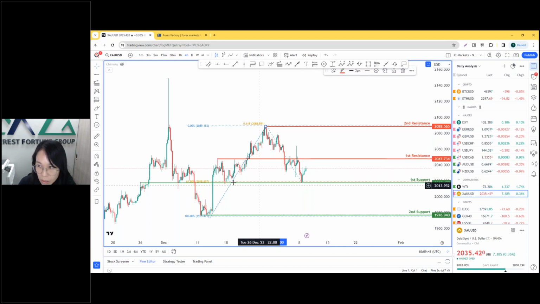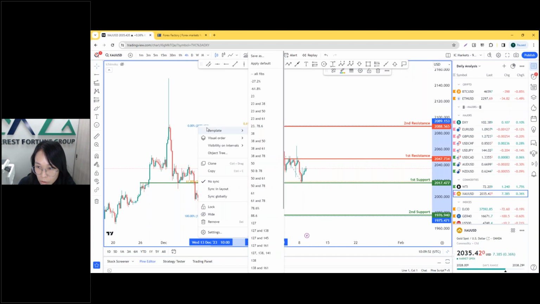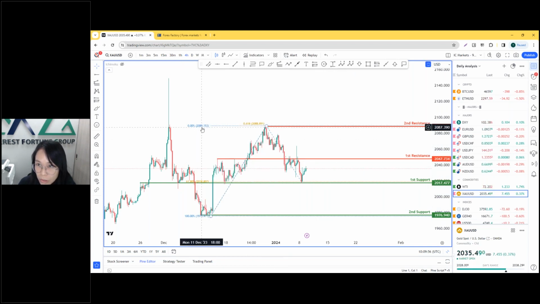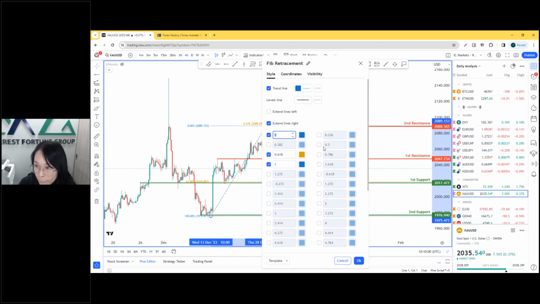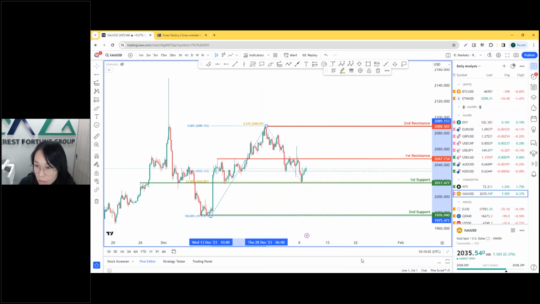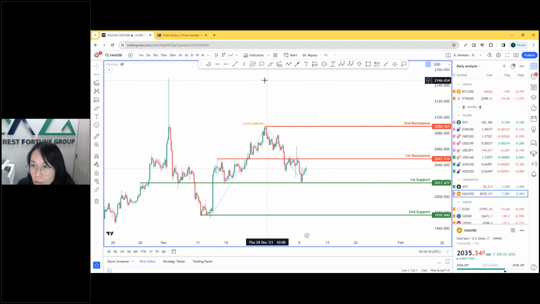Okay, there's actually a first resistance level here, and I think it's also close to the 50% Fibonacci retracement level. We could draw it.